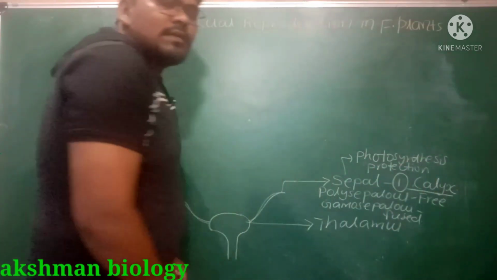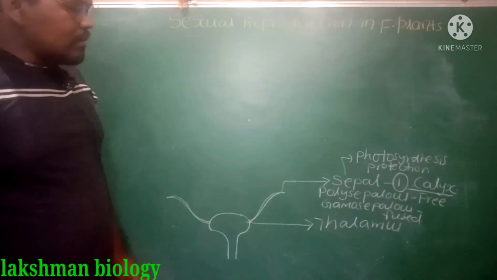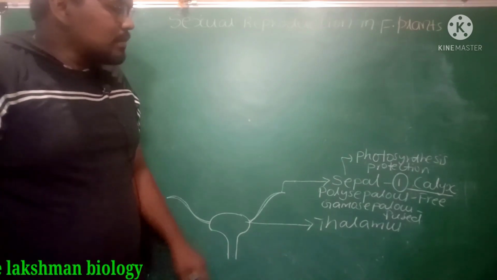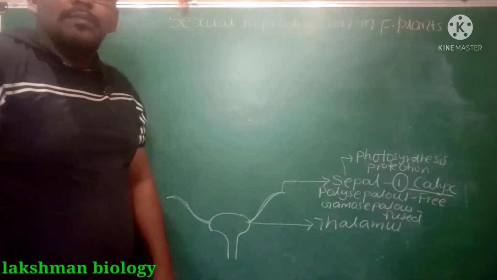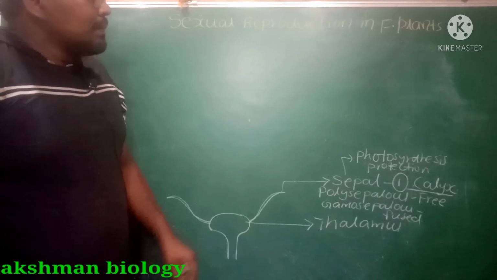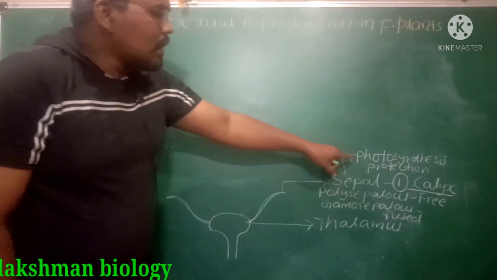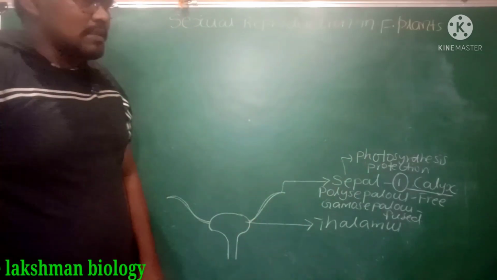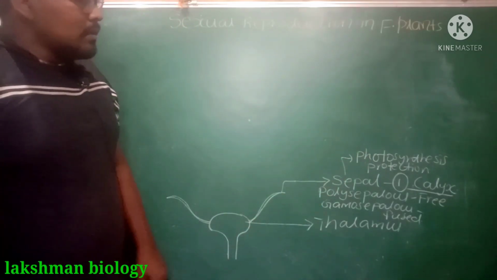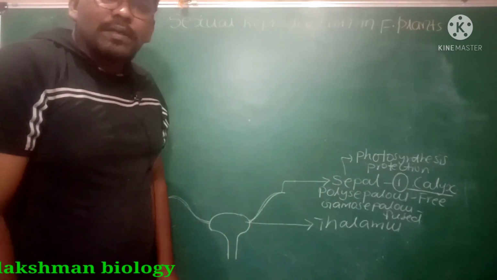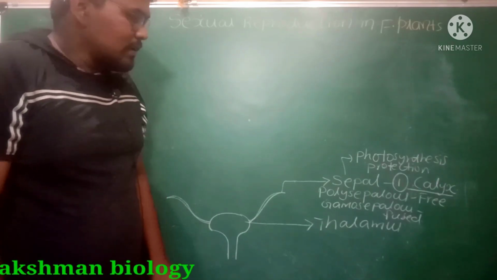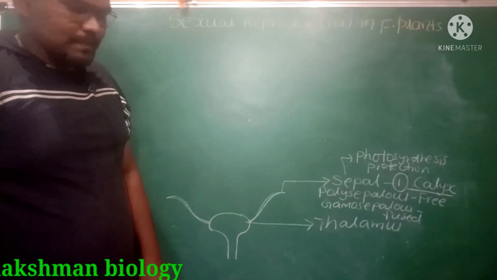The sepals contain chlorophyll, because of that they are mostly green. Because of the presence of chlorophyll, the sepals are used for photosynthesis. The sepals are also used for protection of the flower when the flower is in bud condition.